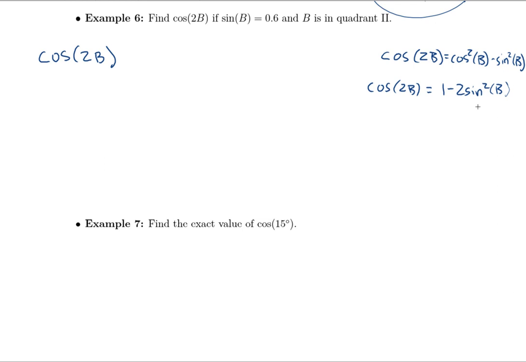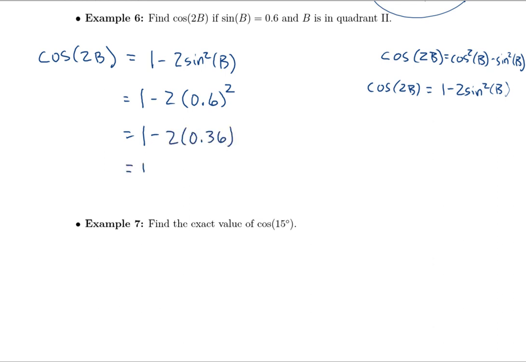Because we know the sine of b. So this could be 1 minus 2 sine squared b, which is 1 minus 2 times 0.6 squared, 1 minus 2 times 0.36. So it looks like we get 0.28.